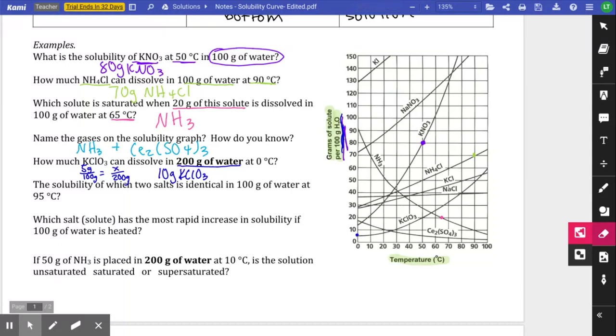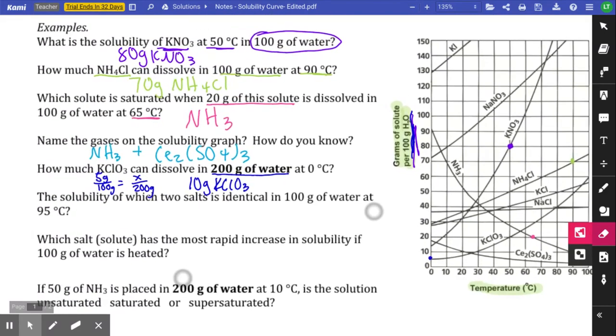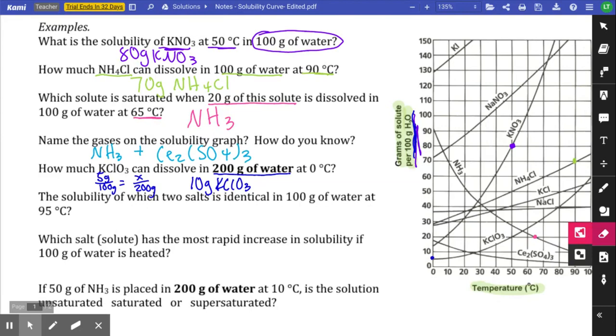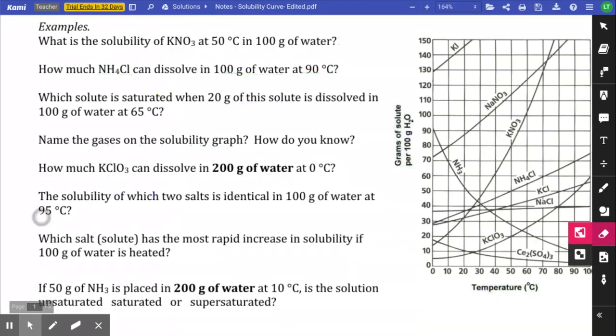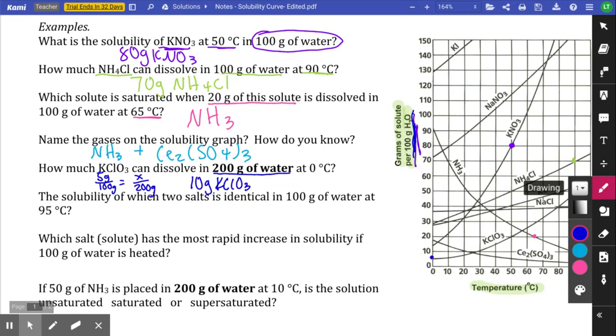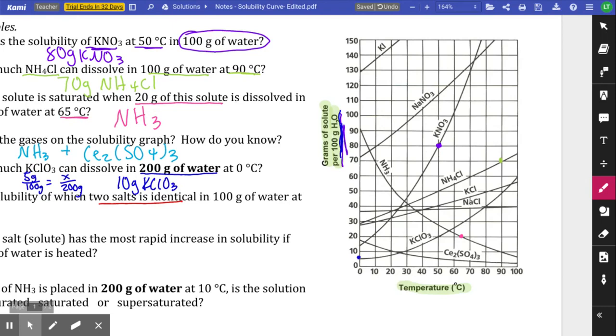Okay, so hopefully you actually paused your video and worked through those problems. Now I'm going to go through them real quickly. This one says, the solubility of which two salts is identical in 100 grams of water at 95 degrees Celsius? Basically, we're looking for where two salts intersect on their graph at 95.